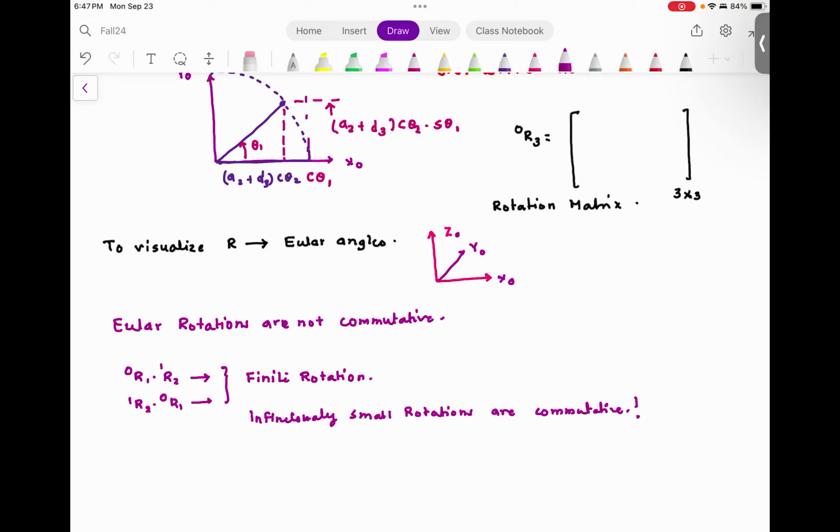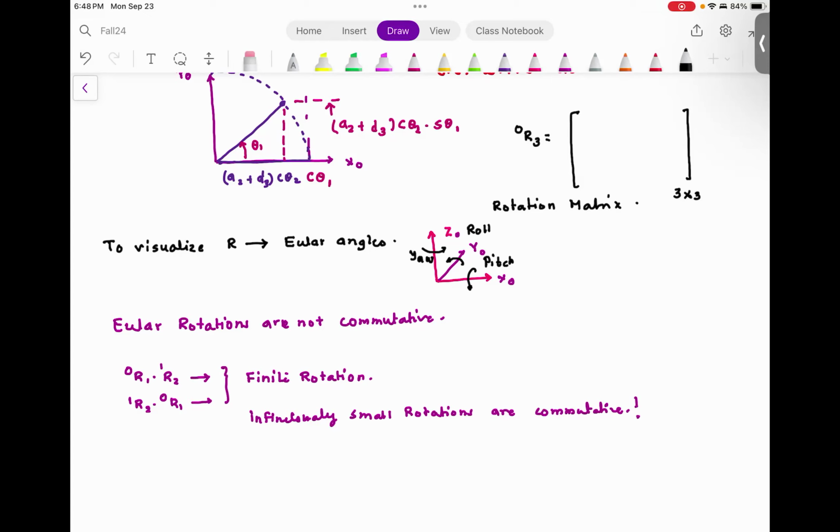So Euler angles are sequential orientations about these axes. The first orientation is about z, which is called yaw. The second orientation is about x, which is called pitch. And the last orientation is about y, which is called roll. So we go with this sequence.